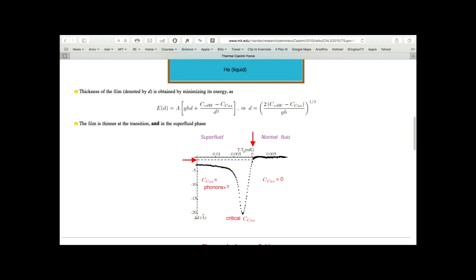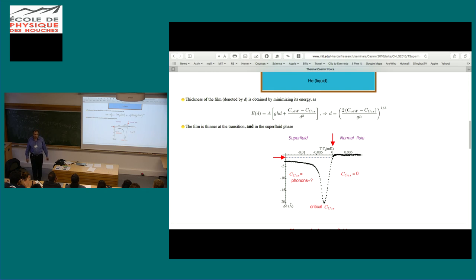Okay? Now, exactly this number that we had before with the zeta of 3 divided by 8 pi, etc., should then tell us what the difference in thickness between the two sides of the transition should be, because that's the additional component of the force that you put on.